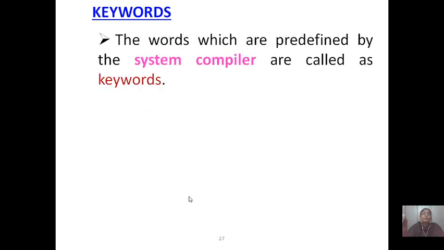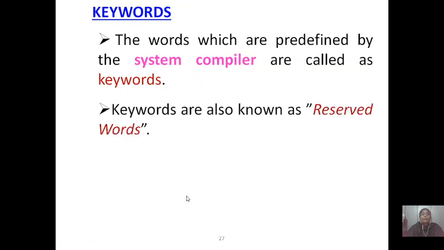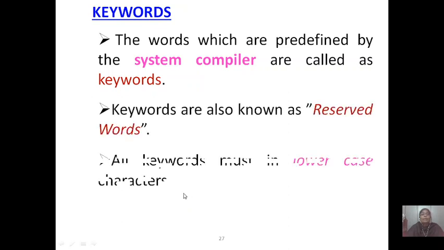Keywords. The words which are predefined by the system compiler are called keywords. These are also known as reserved words, and all must be in lowercase characters, except True, False and None.